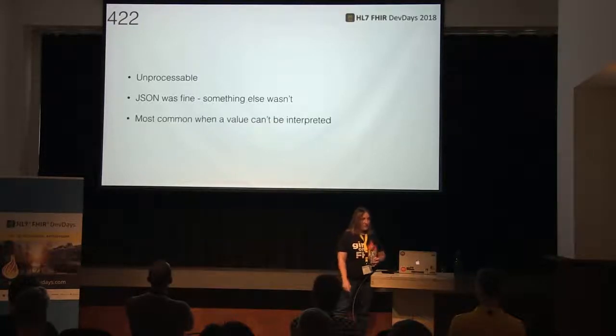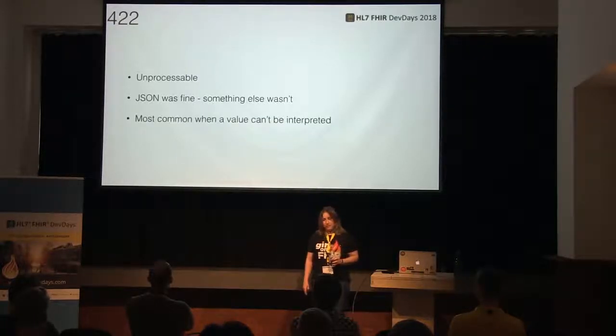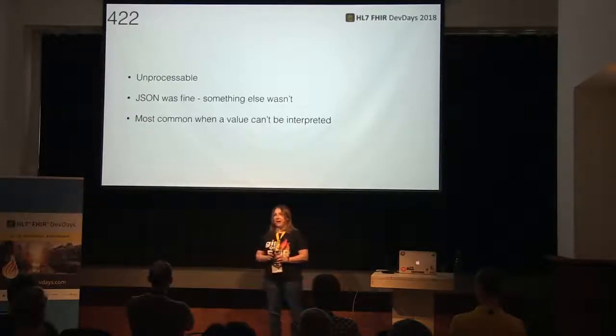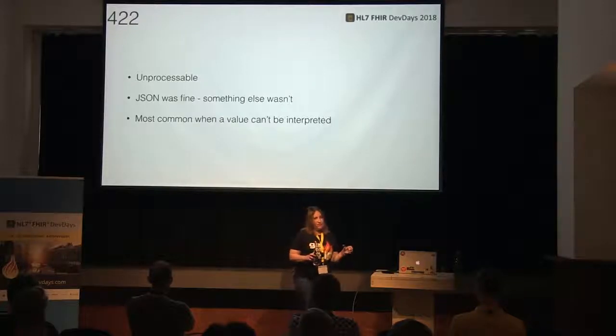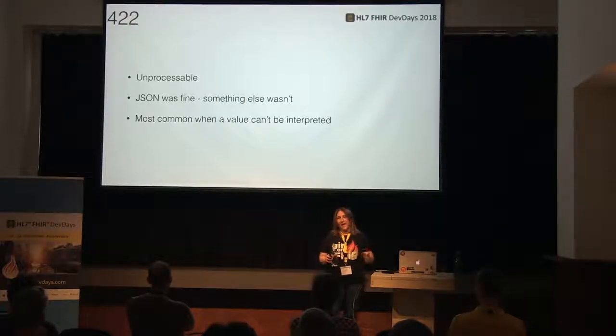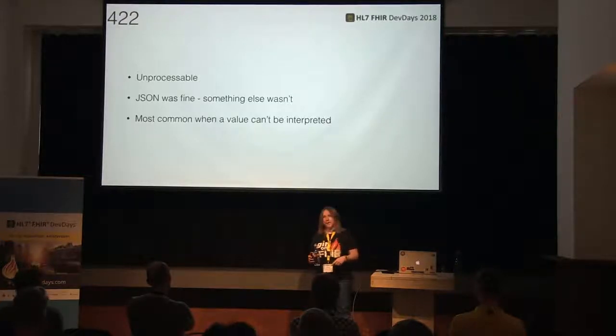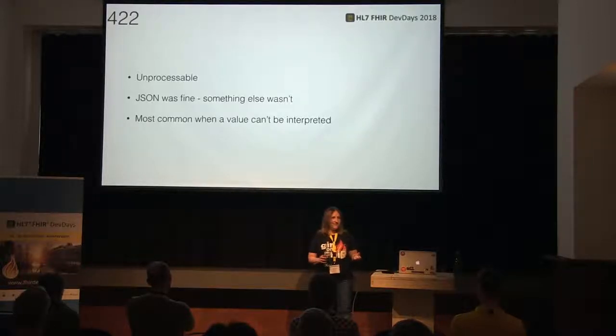In our server, the most common issue is when a value can't be interpreted. So for example, if you sent me an allergy to, I don't know, Himalayan cats or something like that using SNOMED, and I don't even know what that means in my system, or I can't map it so that I can write it in my system, I will 422 that because I don't want to accept data that I literally can't record to the database in the way that it will be interpreted.